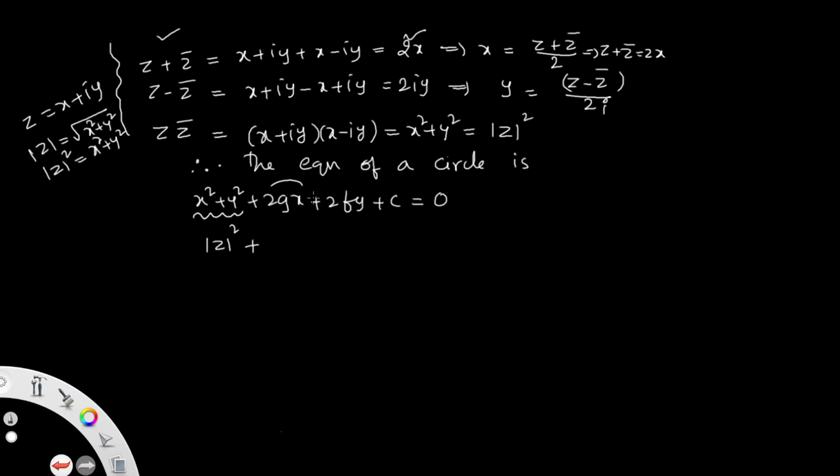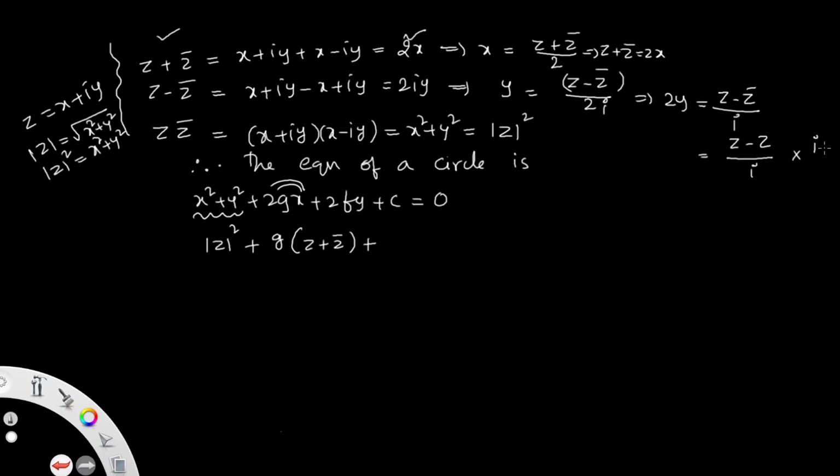So 2x is z plus z bar. And next, 2y: only 2y is asked. So we write 2y equal to (z minus z bar) by i. In simplified form, we can rationalize, (z minus z bar) by i into i.